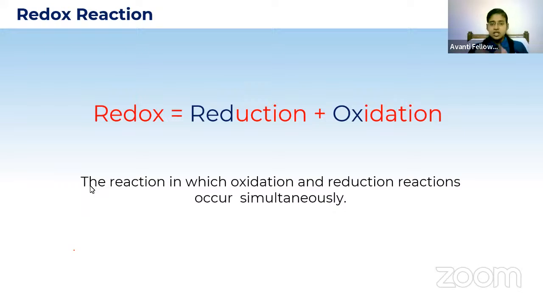Now we will see the definitions for oxidation and reduction according to the classical concept. Classical means the olden days concept. Let me start with the definition of oxidation. We have different definitions for both oxidation and reduction, so let me go one by one.